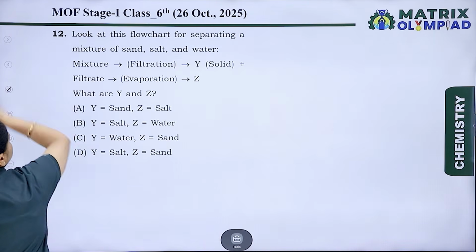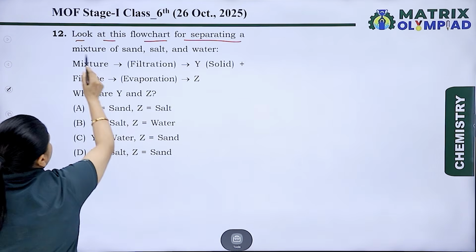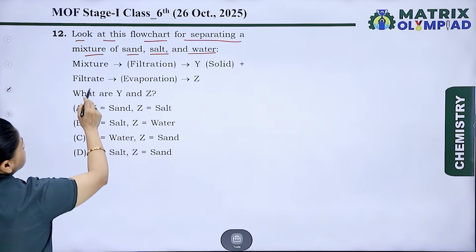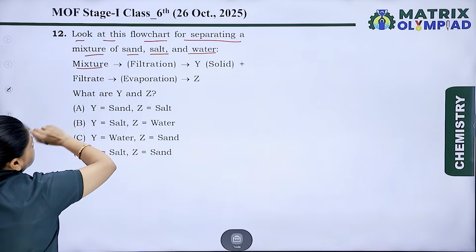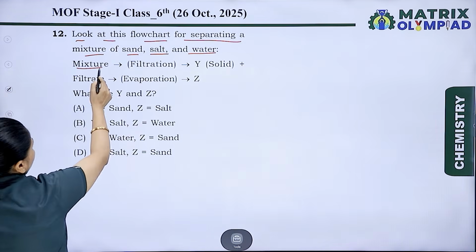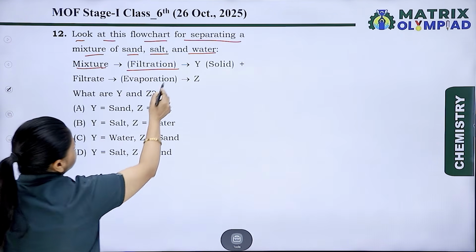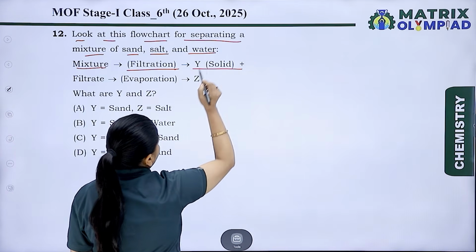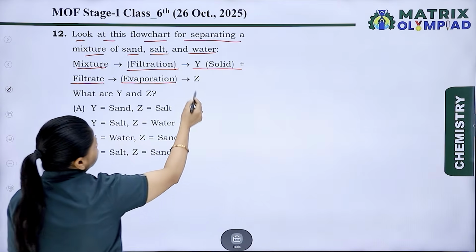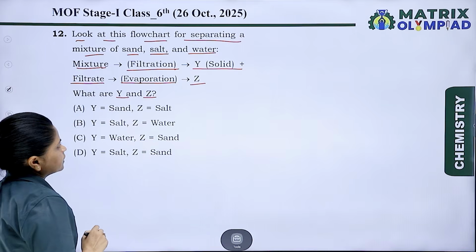Now the next question is, look at the flow chart for separating a mixture of sand, salt and water. And this is the flow chart mixture. When we take the mixture of sand, salt and water, filtration is done, and after filtration we get Y and a filtrate, and after the evaporation we get Z. Let's discuss what Y and Z are.